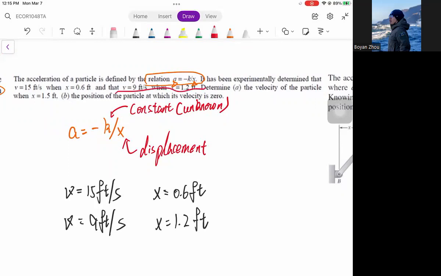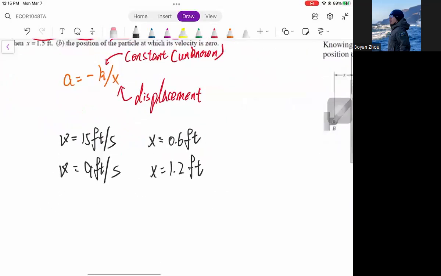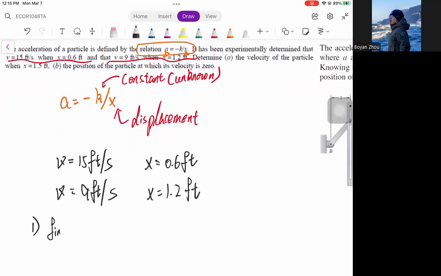So the question is, find the velocity when x is equal to 1.5 feet.